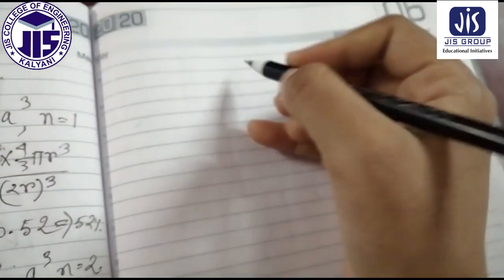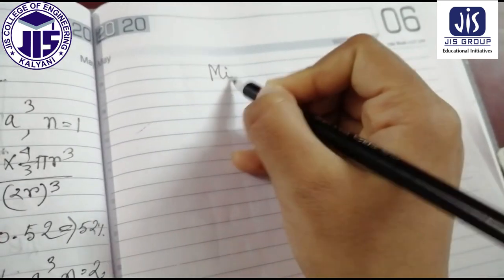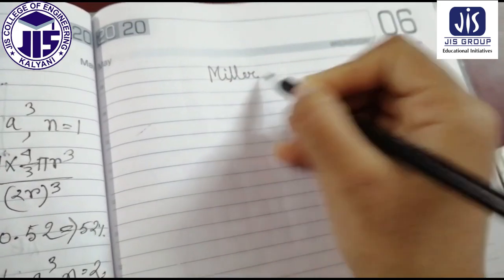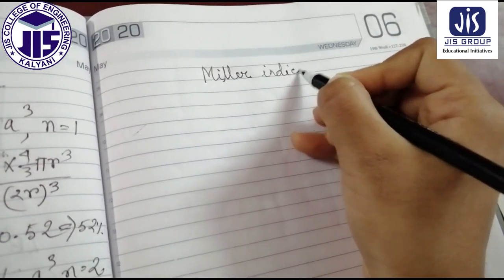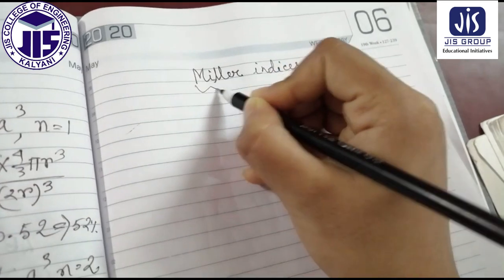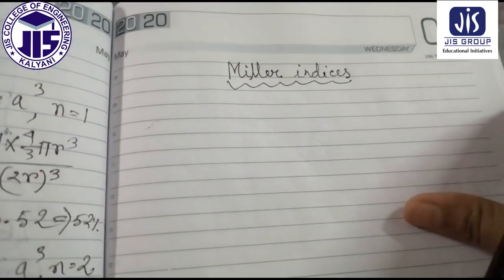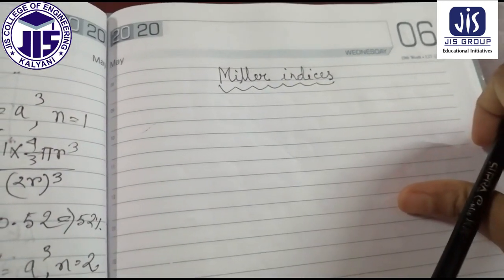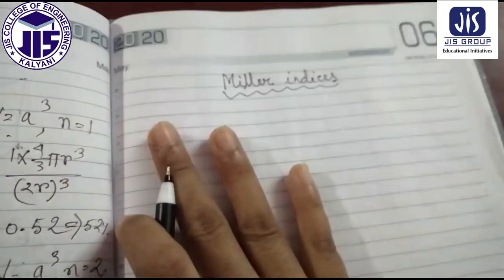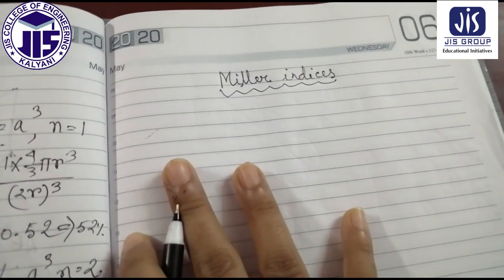Next, we'll start a very new topic, that is Miller indices. Miller indices, that is a very new topic to all of you. Now, what are Miller indices? To write down the Miller indices, there are some basic rules.